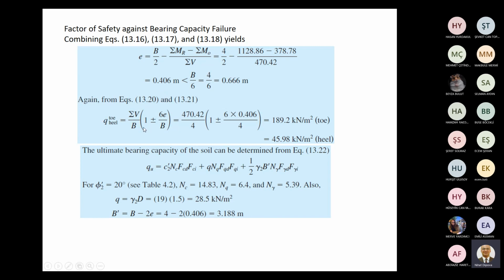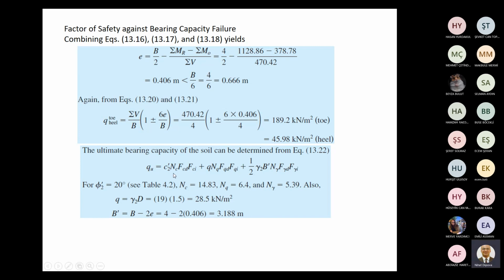Then using eccentricity value, because we know total vertical force and total base dimension, these two are known. Just putting E value here. For maximum, use plus. For minimum, use negative, minus. So maximum and minimum base pressures are 189 and 45 kilopascal.